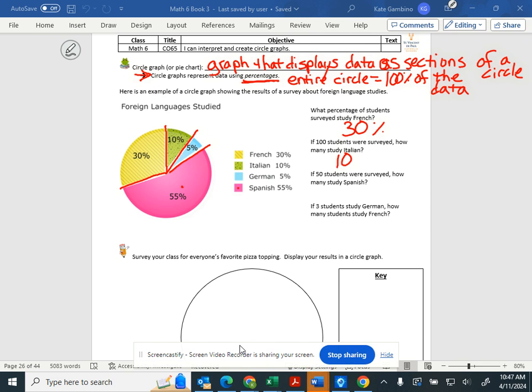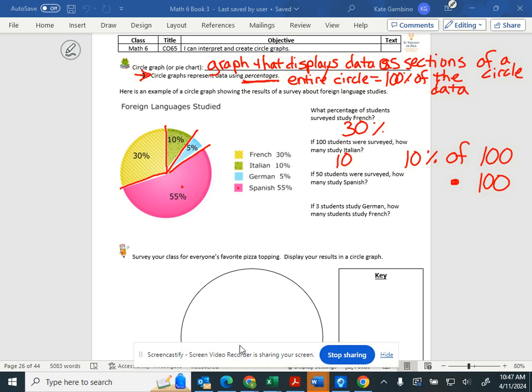So if I were to write that out and say 10% of 100, what math operation is the word of? Sawyer? Multiplying. What would we put into our calculator for 10%?